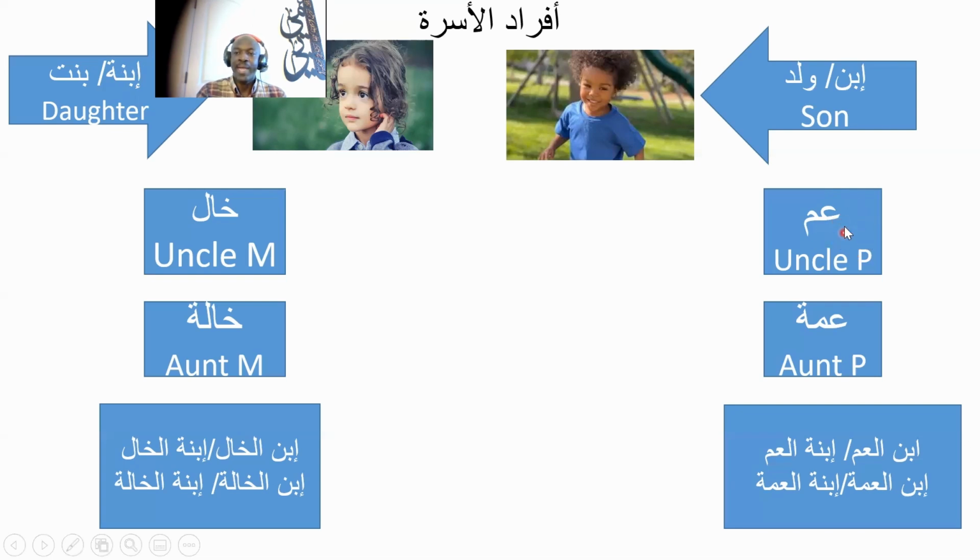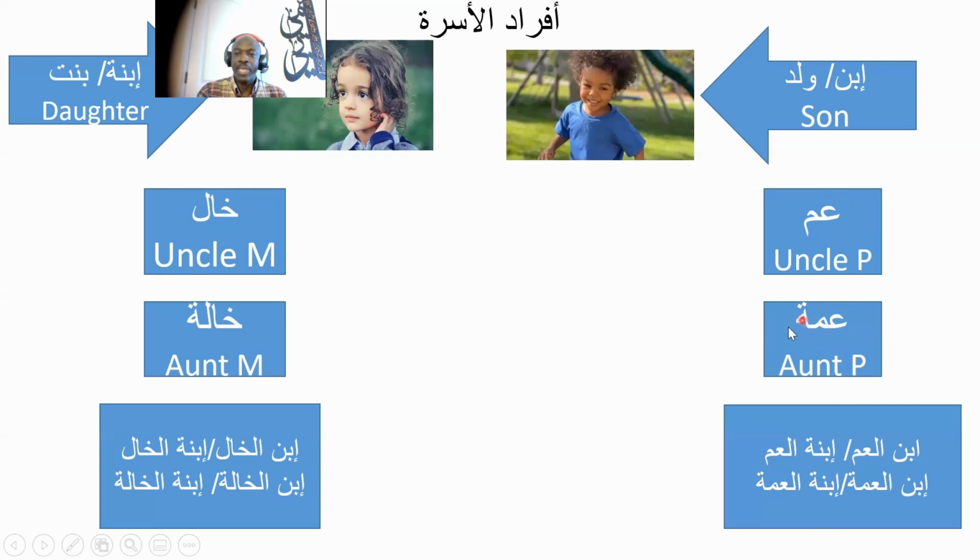That is uncle, paternal. I put a P here to show that it is paternal, your dad's side. And also your dad's sister, call it Amma: Ain, Mim, Ta marbuta.